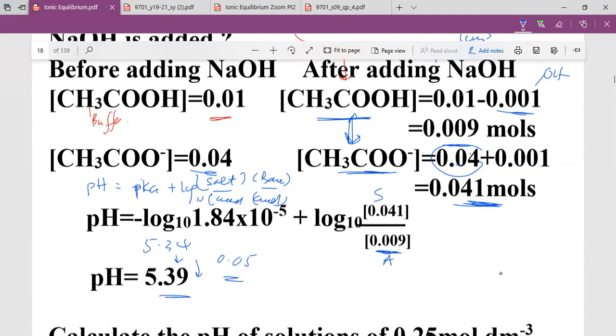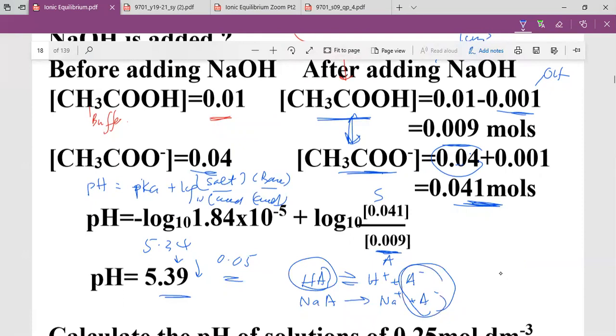The 2 conjugate pairs: the acid HA, which will give you your H plus and your A minus, and your sodium salt NaA, which will give you straight away your Na plus and your A minus. These 2 are going to be the main key players.